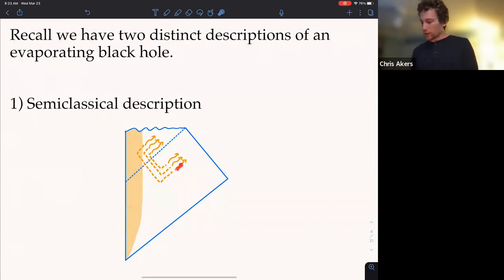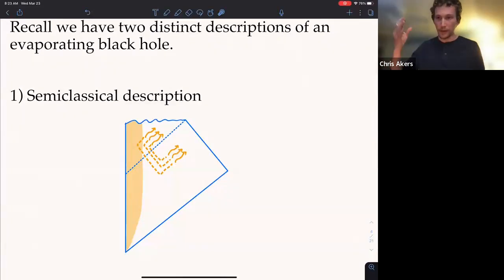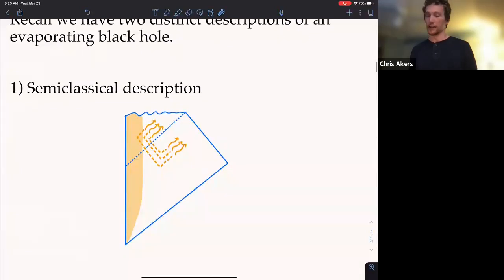These orange squiggly arrows are, say, photons, like Hawking quanta. The ones on the outside are the exterior radiation carrying energy away from the black hole, and the ones on the inside are their interior partners. These orange dashed lines that connect them represent entanglement between them. This is how, say, Hawking might have imagined an evaporating black hole.